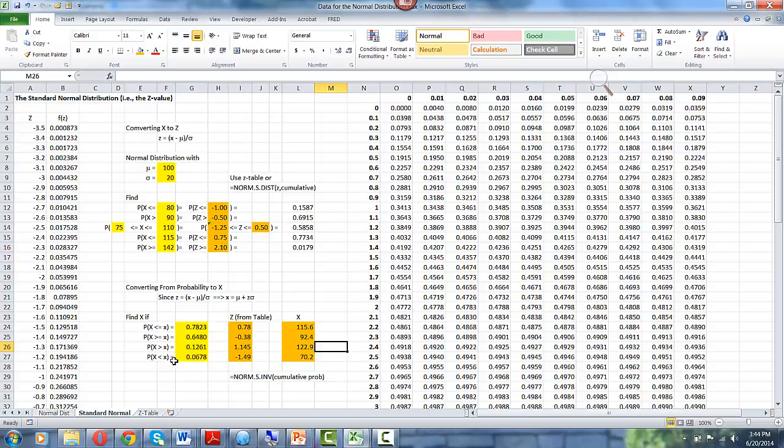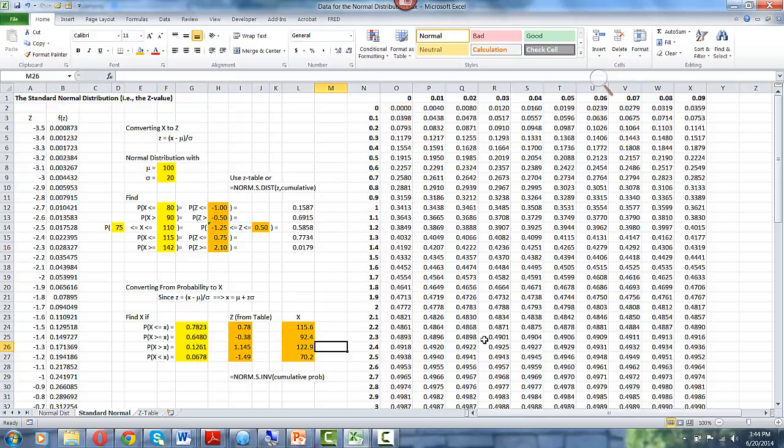And then this last statement, x is less than some given value equals 0.0678. So now we know we're on the lower end of the curve, and so we're going to have a negative number. But again, you're going to have to take 0.5 minus this to find the number that we need.